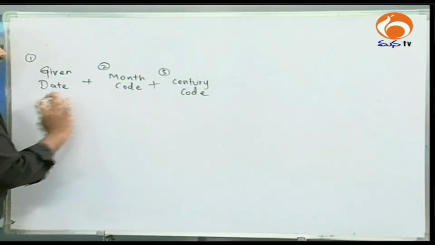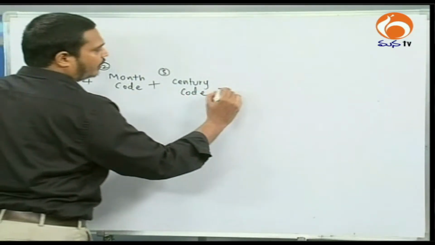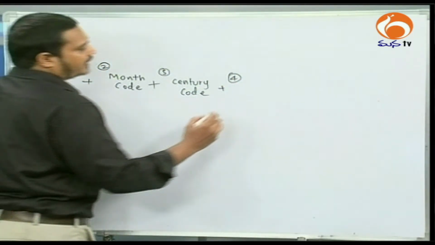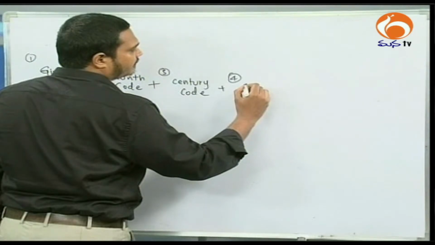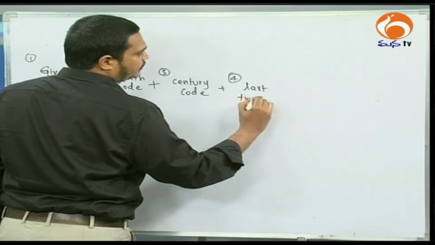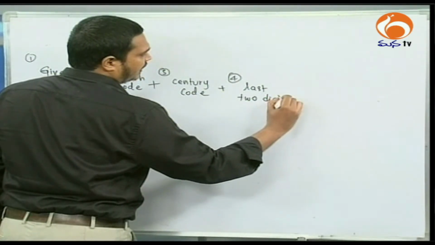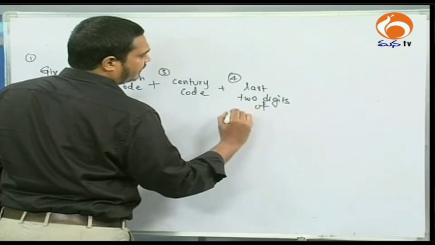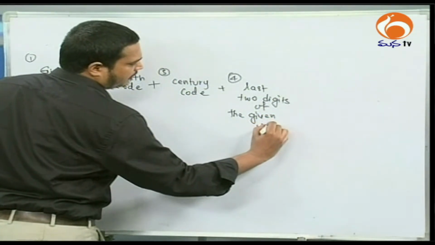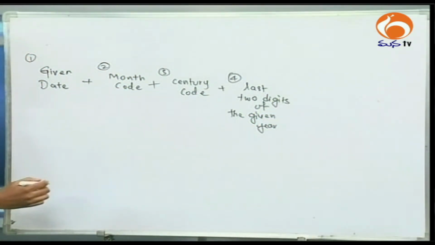The fourth parameter is the number of last 2 digits of the given year. Last 2 digits of the given year.